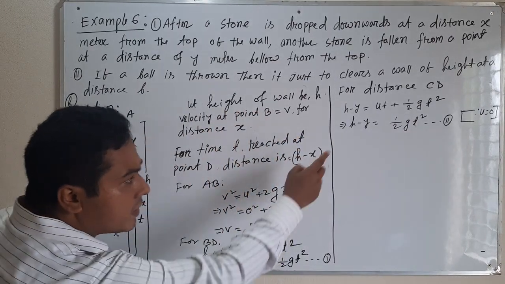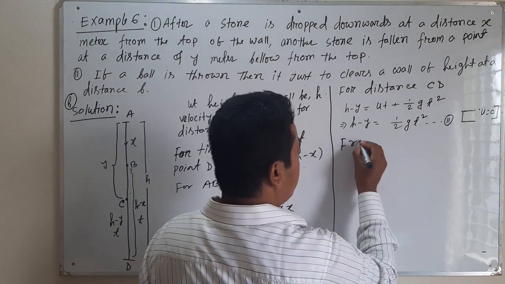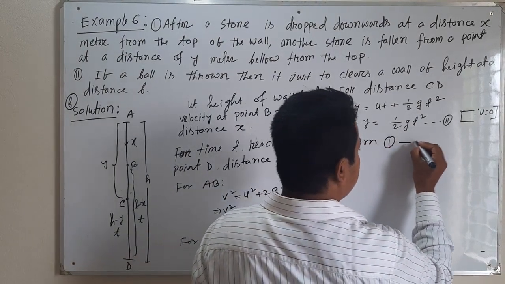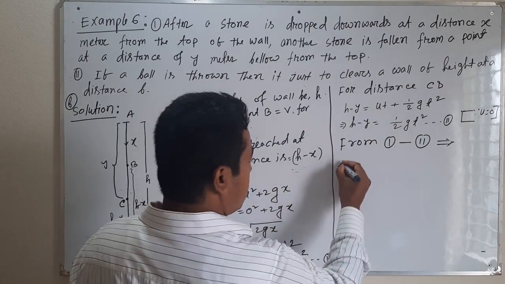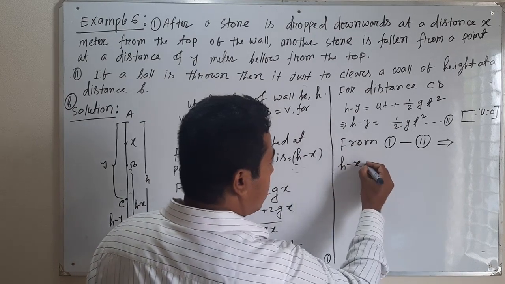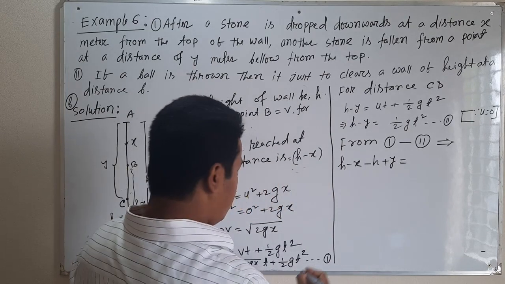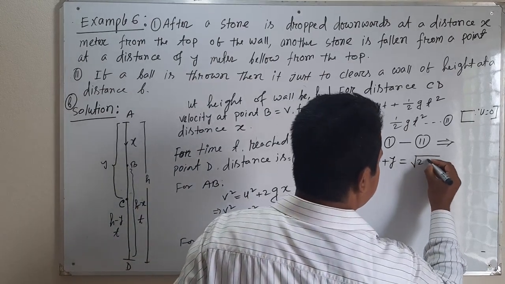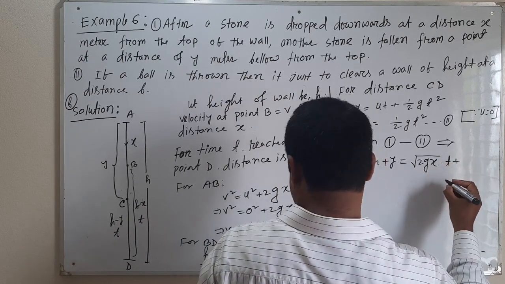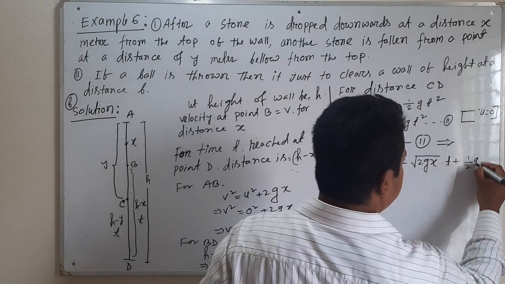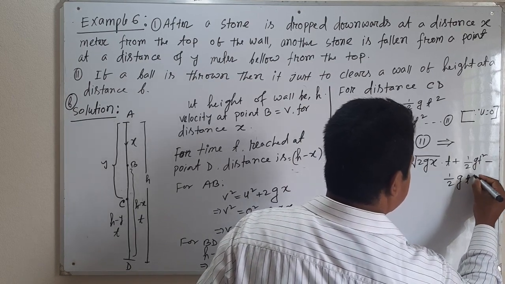Now subtracting equation 1 and 2, from 1 minus 2 we get h minus x minus h plus y is equal to root over 2gx into t plus half of gt square minus half of gt square.